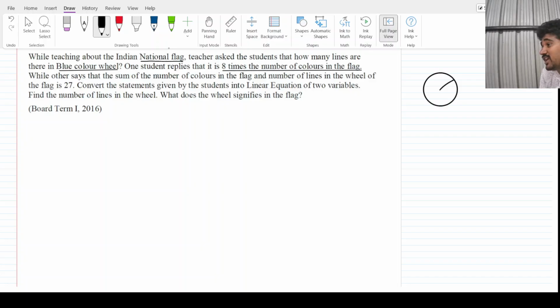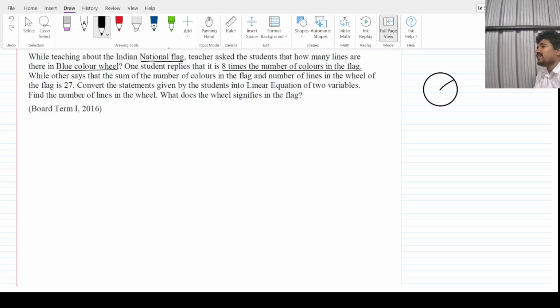The other says the sum of the number of colors in the flag and the number of lines in the wheel of the flag is 27. Convert the statements given by the students into linear equations.